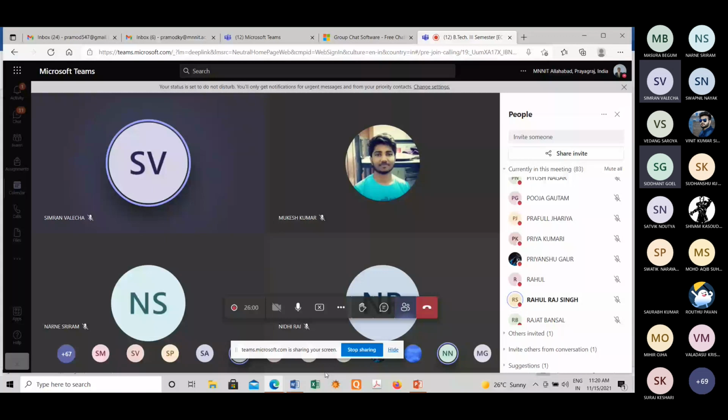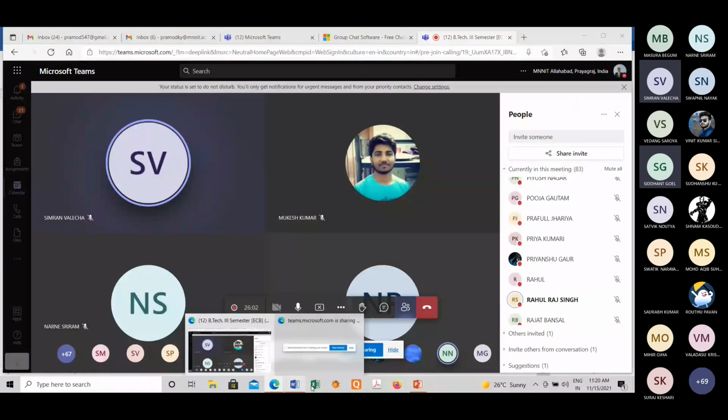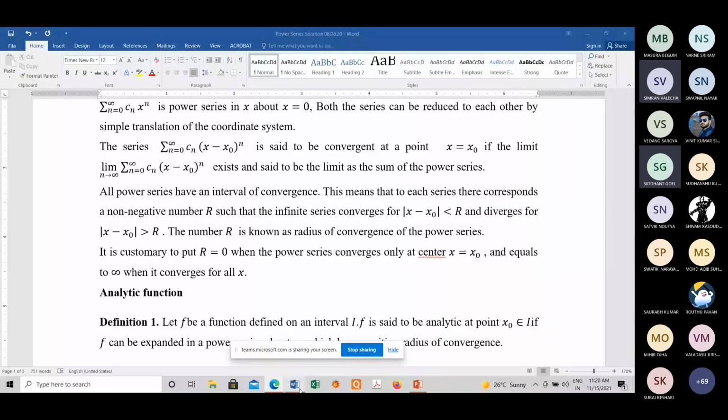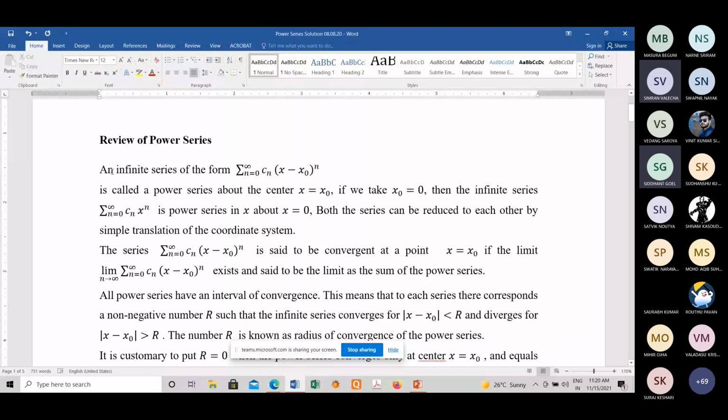My question was, we have been discussing the power series. If something is in this form which I have highlighted here, it is an infinite series about the point x equal to x naught.